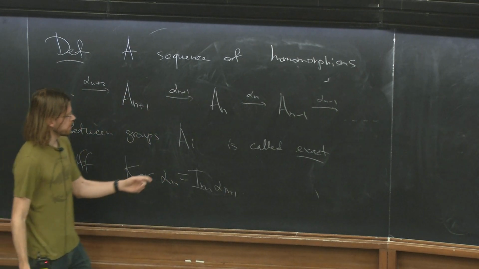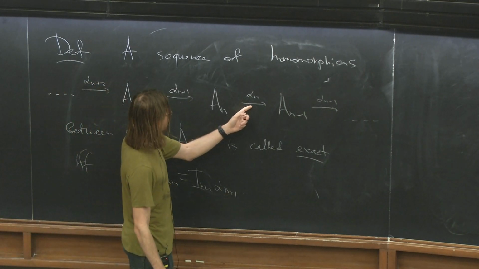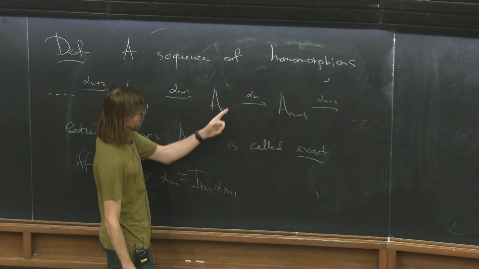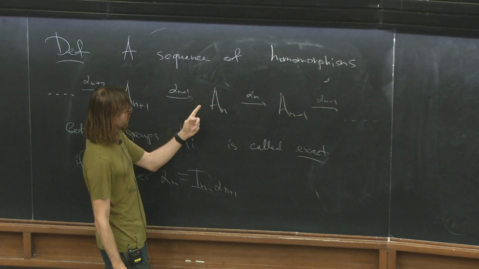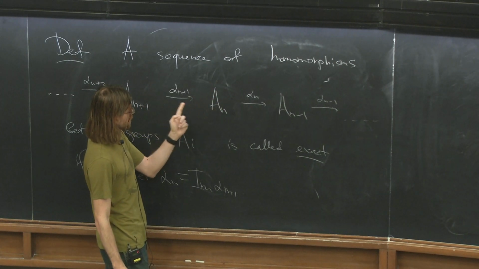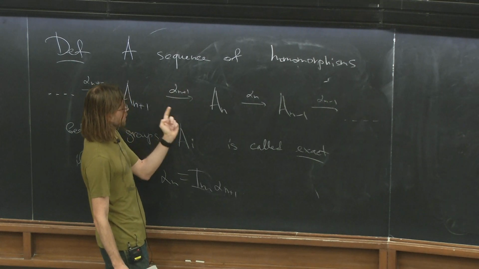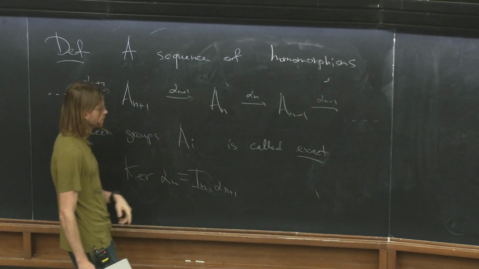The kernel of any map here, which is a subgroup, coincides with the image of the previous map, which is another subgroup.